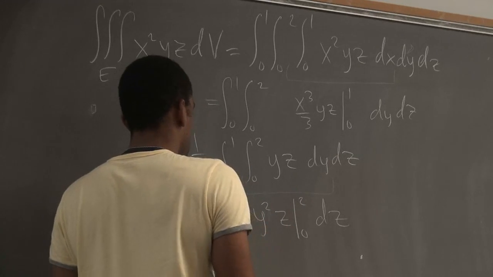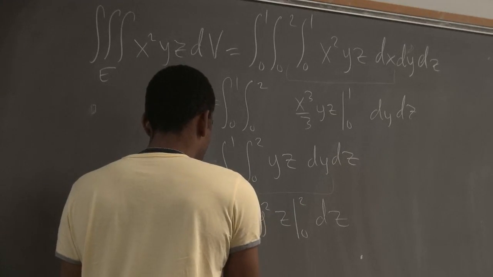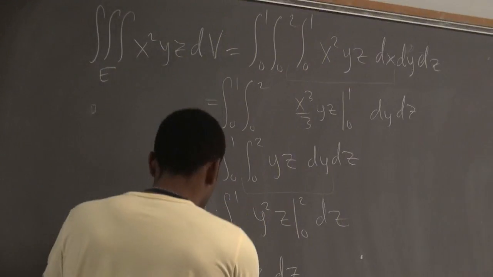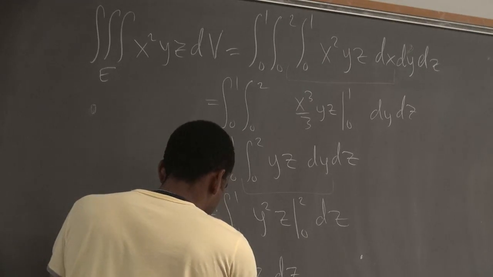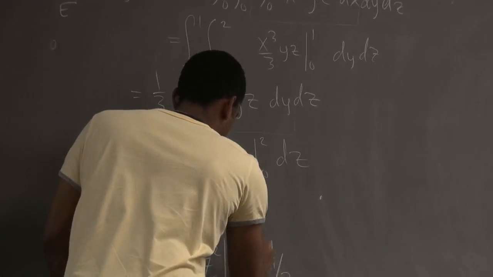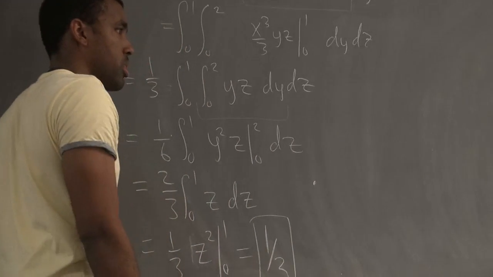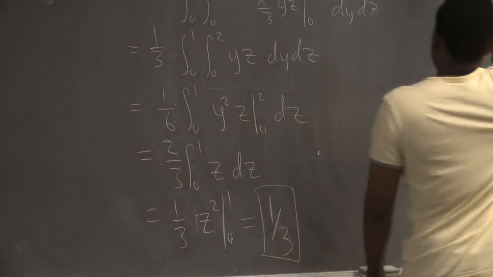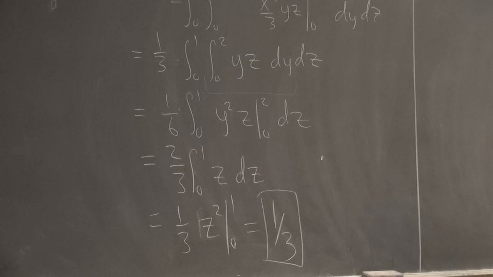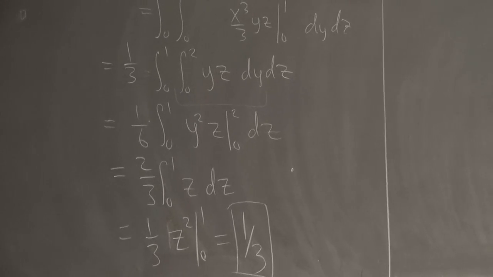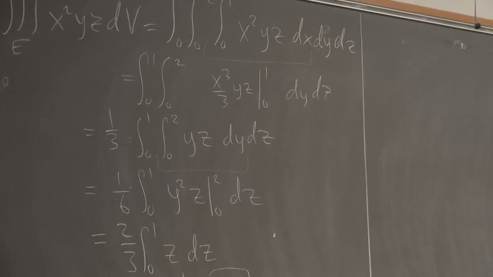You put in 2, that becomes 4, so this becomes 2/3, then 0 to 1, z dz. Not much difference, you just do an extra integration. That's fine. Now let's go to the non-rectangular regions.